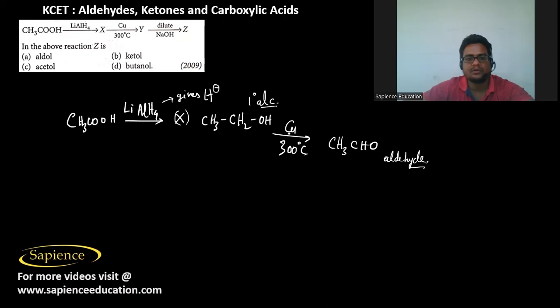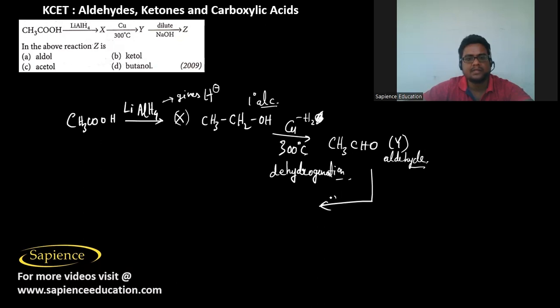When copper is used, it will remove only H2, and then aldehyde will be formed. So it is not dehydration, it is a dehydrogenation reaction. And then this CH3CHO is the compound Y.